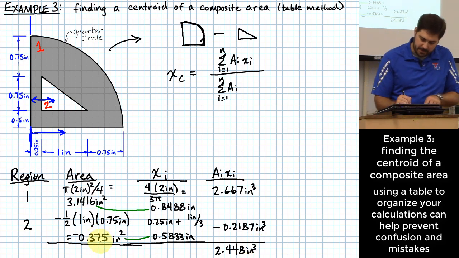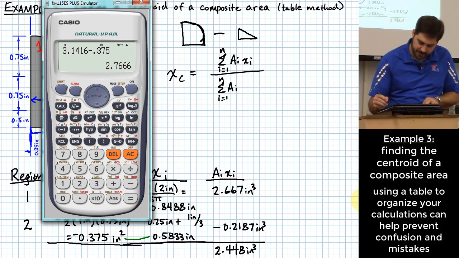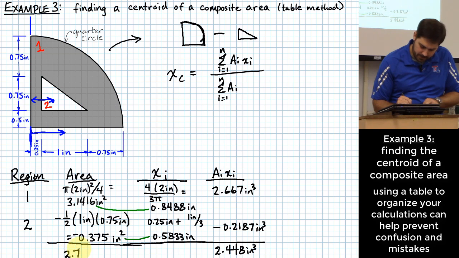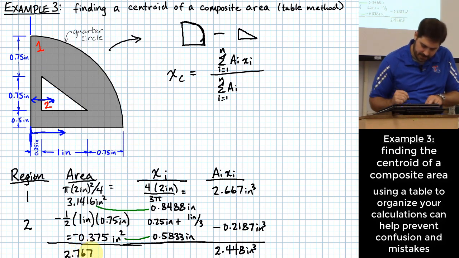If I do that same thing over here for the area and take 3.1416 and subtract 0.375, that gives me my total amount of area. So down here I'll have 2.767. Okay, this would be in square inches.